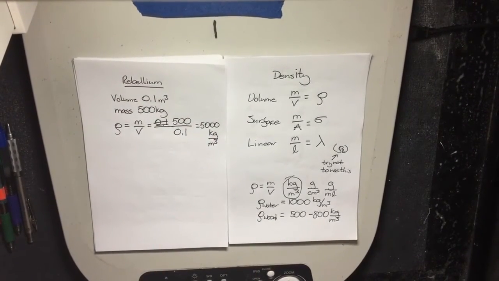Just as an example, aluminum is 1,300 to 1,600 kilograms per cubic meter. Iron is about 1,700. Mercury is like 18,000 kilograms per cubic meter. Once you start working with these materials, you start getting a feel for these numbers and their values.